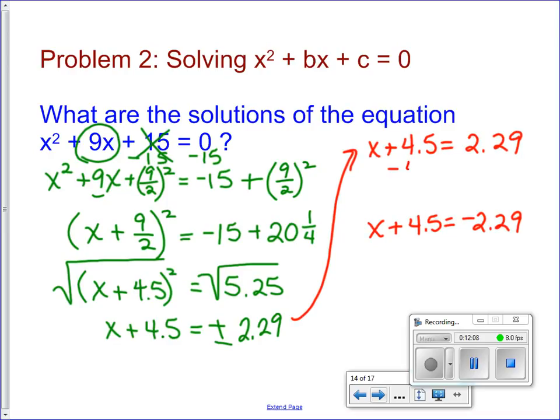So subtracting 4.5, let me line it up. I'm going to end up with x equals, and you may prefer using your calculator for this, I'm going to end up with a negative 2.21.